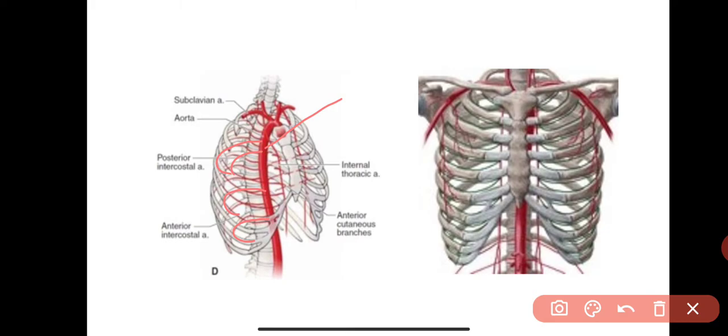So these are the posterior intercostal arteries, which run in the intercostal space, and in the right diagram the internal thoracic artery is present just lateral to the sternum, and from here it gives these perforating branches in the intercostal space.